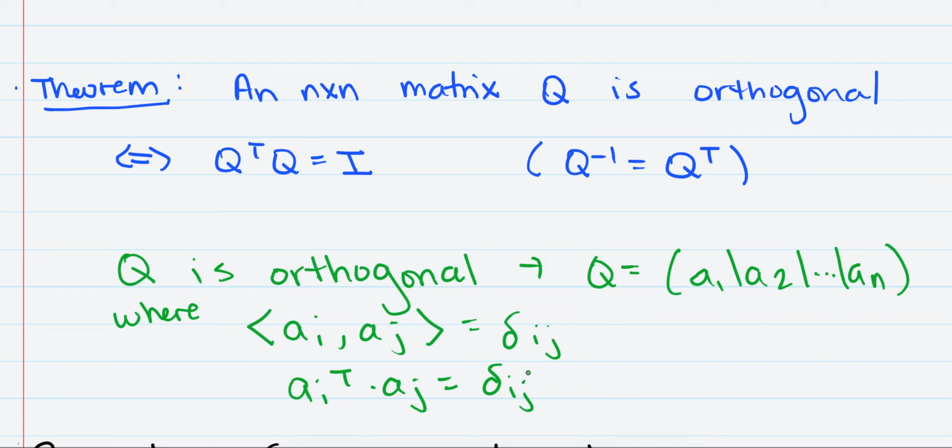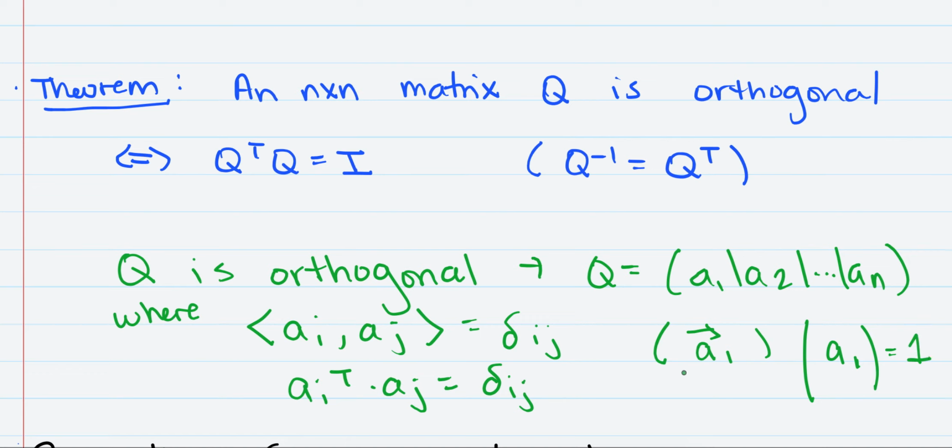Well, that means I'm taking Ai, which is a column, and now I've written it as a row. So let's say A1, I'm going to write it like that, and then I multiply it by the column A1, and I get 1.